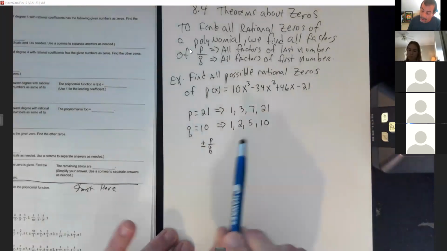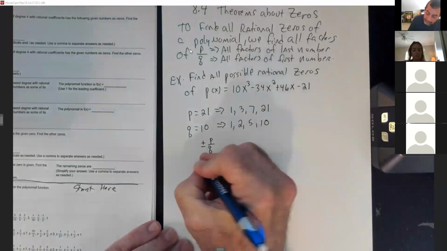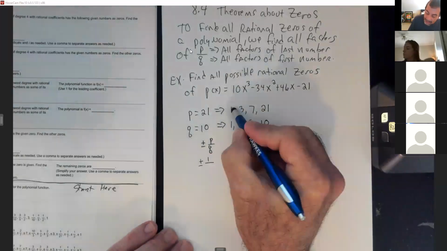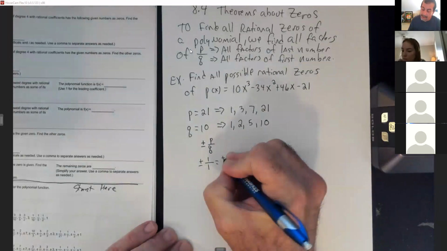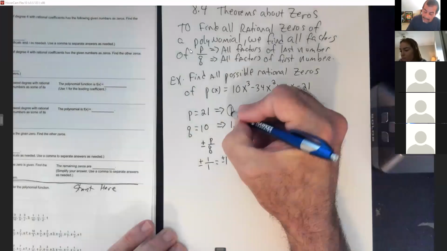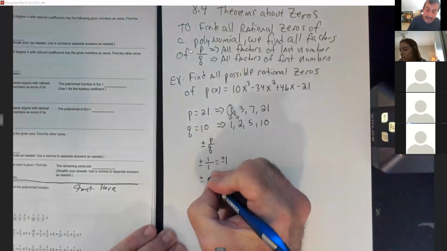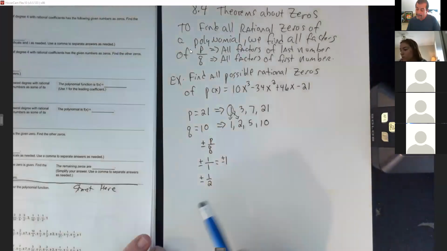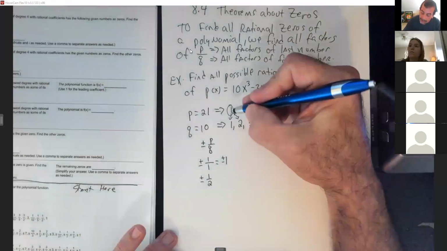So I'm going to start with my 1. So plus or minus 1, I'm going to take that 1 and divide by 1. But y'all, 1 divided by 1 just gives me 1. So I divided by the 1, now I got to divide by the 2. So I got plus or minus 1 divided by 2. That one doesn't reduce, so I stop there. Then I take that 1 divided by the 5.